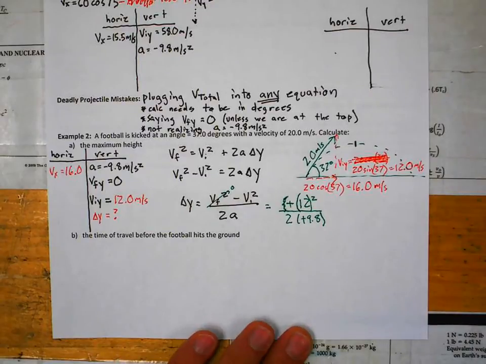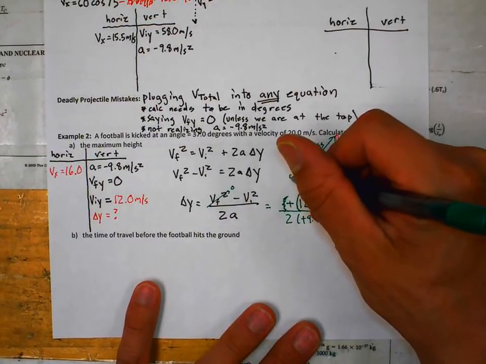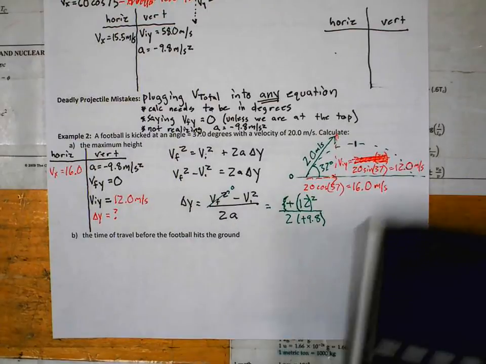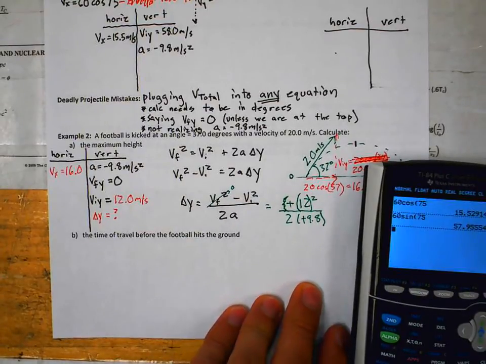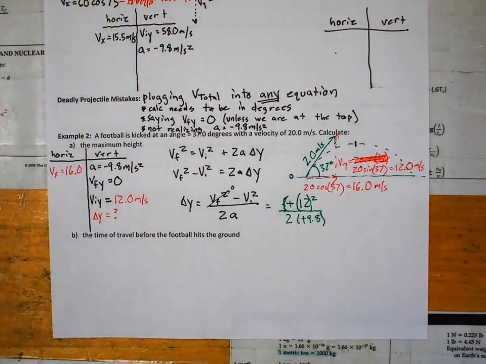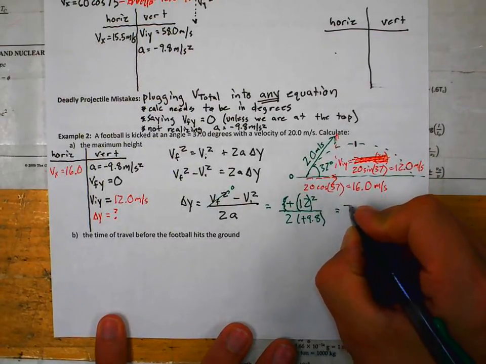We want our delta y to come out what sign anyway? It's got to come out positive because we're assuming that this is 0 down here. So 12 squared is 144, divided by 19.6, which is 2 times 9.8. So we get 7.34, or 7.35 if we keep the 3 sig figs.